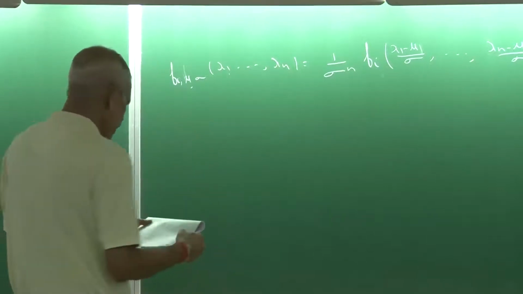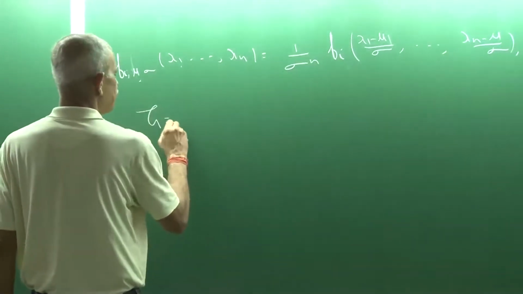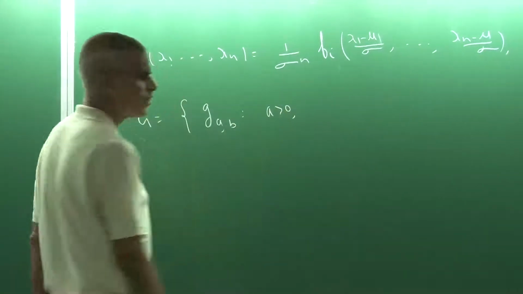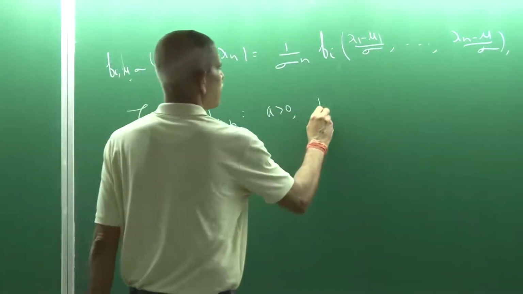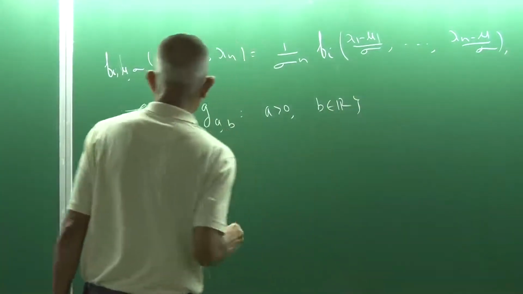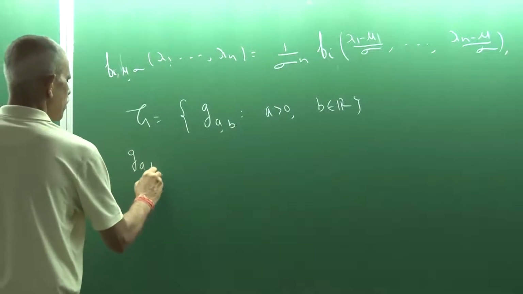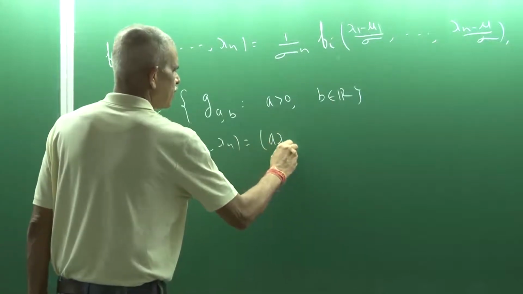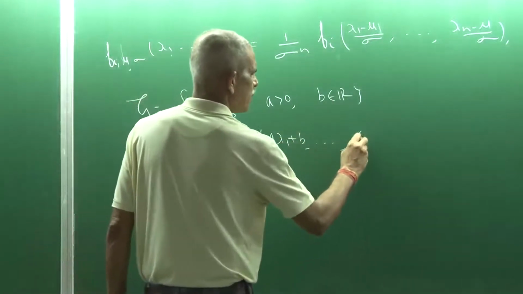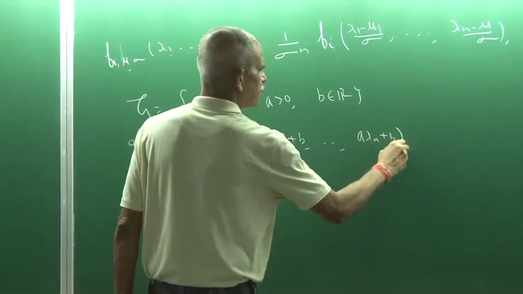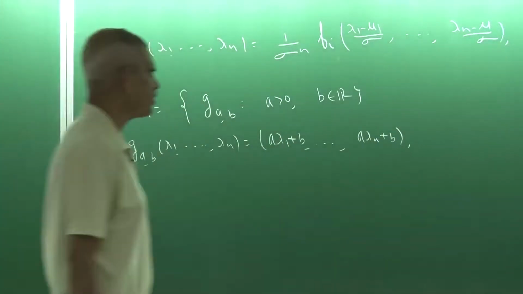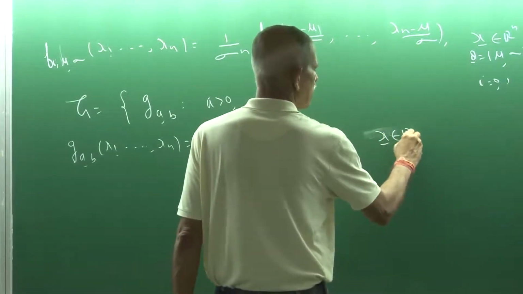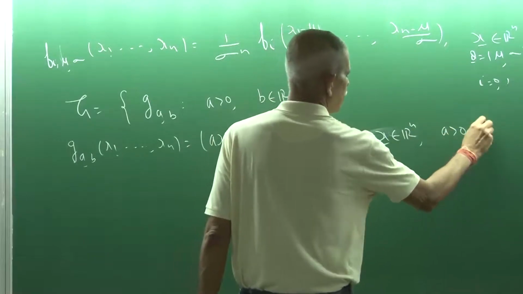I consider G as the collection of all those g_{a,b} such that a is positive and b is in R. And g_{a,b} of (x1, x2, ..., xn) is nothing but (a x1 plus b, ..., a xn plus b), for every x belonging to R^n, a positive, b in R.